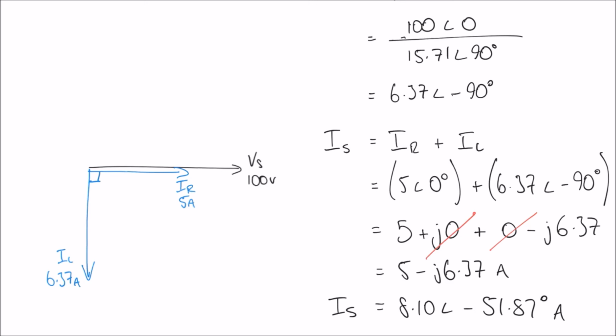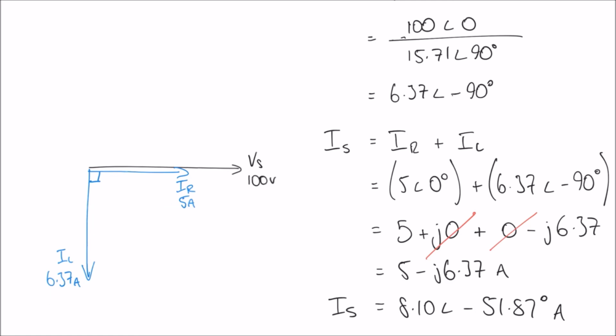I don't need to be scaling my currents to my voltages because they're two different quantities. If I had more than one voltage, I would certainly need to get those to scale with one another, and likewise I want to get my currents to scale with one another as well. So my vector here for IL is slightly longer than that for IR, 6.37 compared to 5.